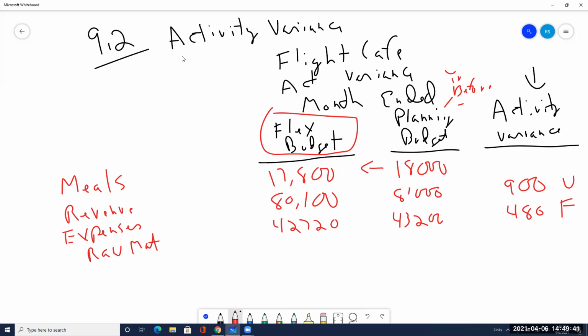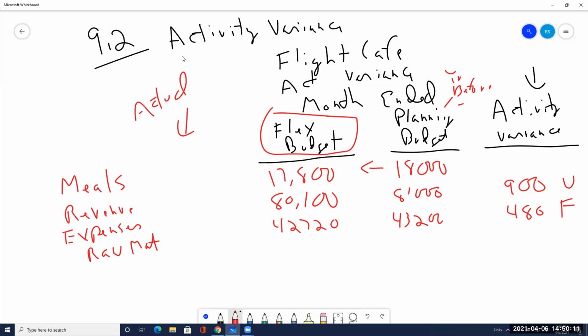And you go, yeah, but we didn't do as many meals, so they should have been favorable. So this gives us a way to compare what the actual was. In fact, on the next problem, I believe I've got one where we're going to put an actual column, because that's really what we want to see. So my raw materials are 42,720, which is 480 favorable.